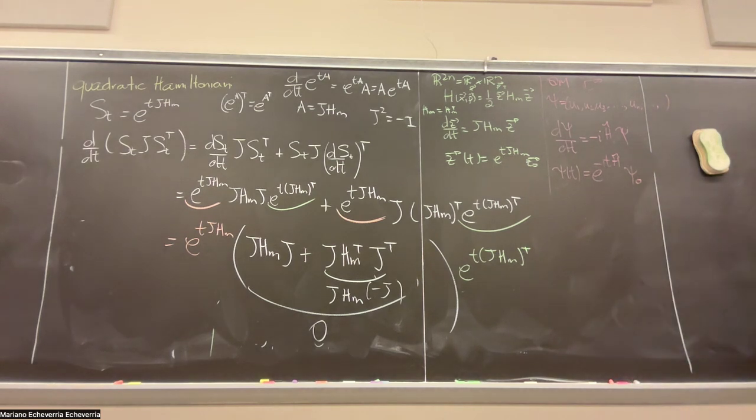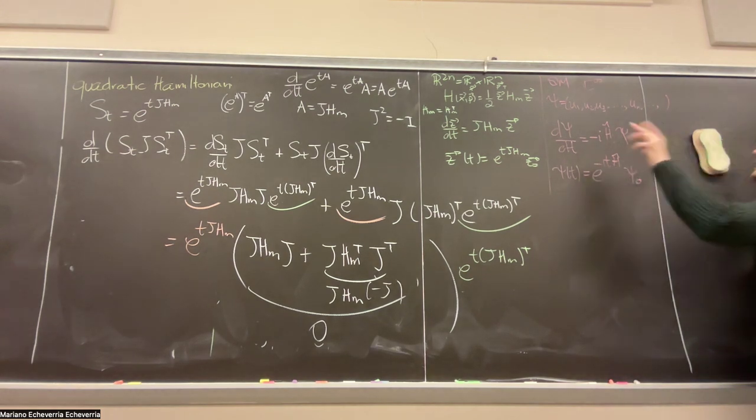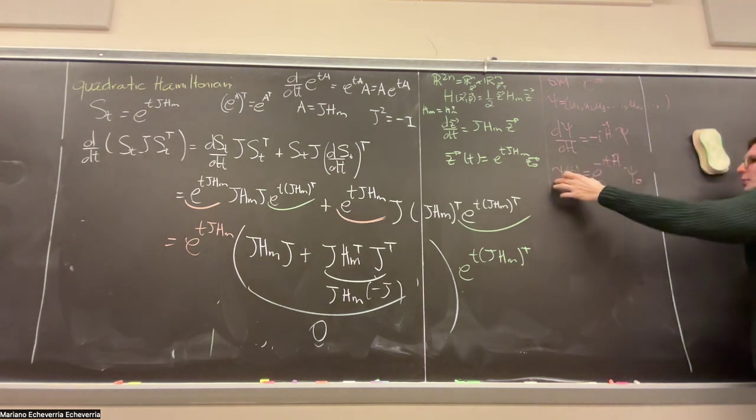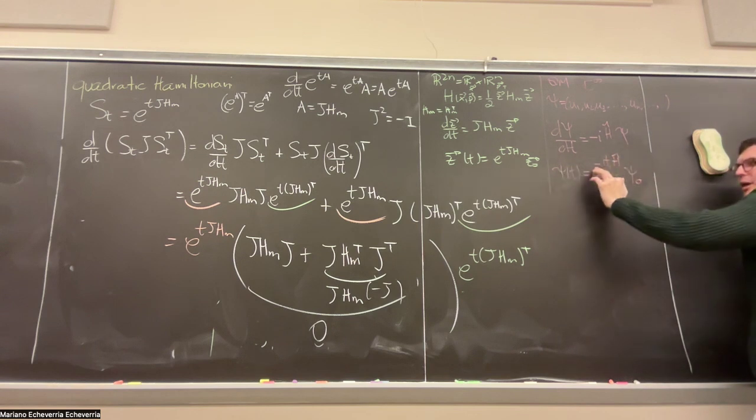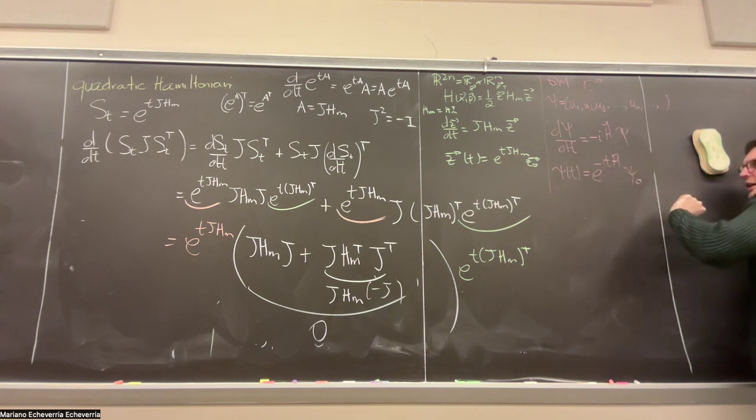This is called the wave function. So it tells you how the wave function evolves in time in terms of the Hamiltonian. You exponentiate it. That's basically what happens in that case.